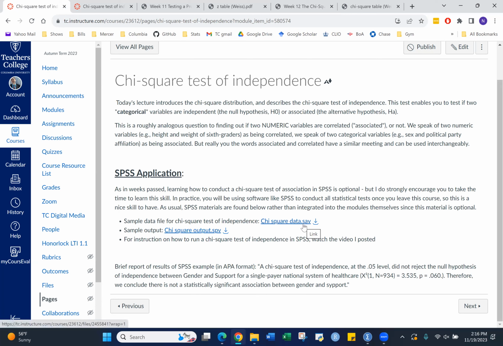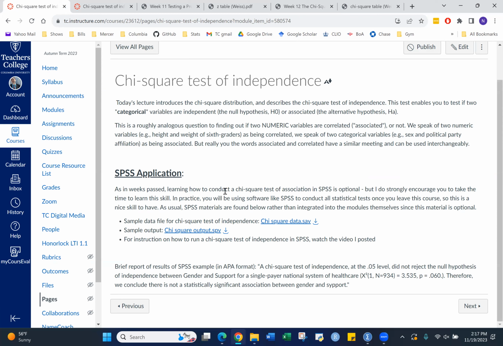You can download this data set, chi-square data and chi-square output, and follow along with what I'm about to show you. You do not need to know SPSS to do the homework or be successful on the midterm. Sorry, the final. But I will tell you, it is really easy to do in SPSS, and it's really nice to be able to check your work like this. So it's worth learning if you're up for it. So with that said, let's dive into it.